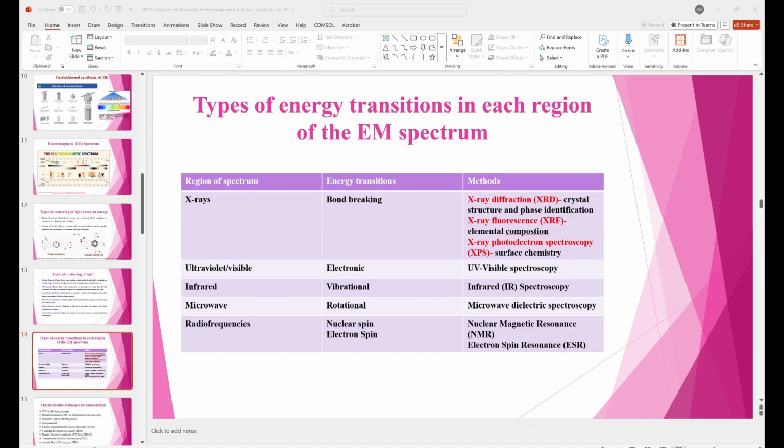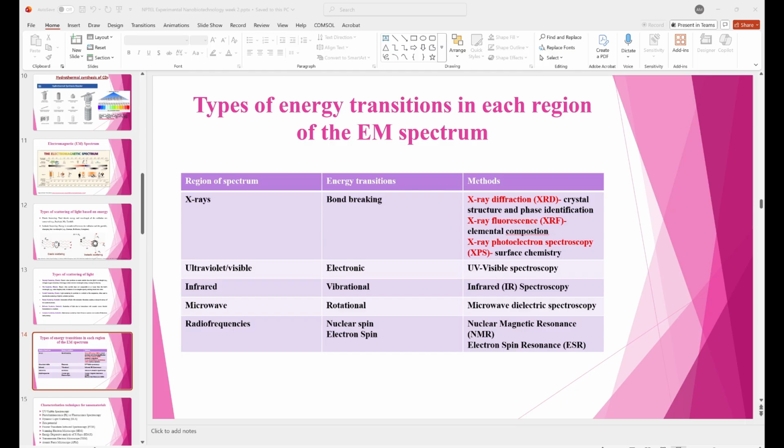If you do XPS, you can confirm that yes, your surface chemistry changed. There were more oxide groups on the graphene oxide compared to reduced graphene oxide, which will be a confirmation that you were able to synthesize reduced graphene oxide from graphene oxide.